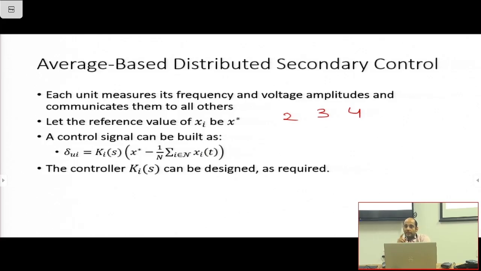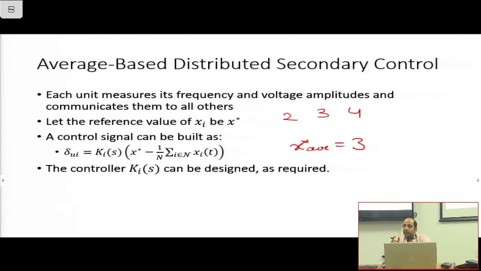Now their average is coming 3. Let's say the desired average reference is also 3. So average is meeting, but individually they are not meeting 3.